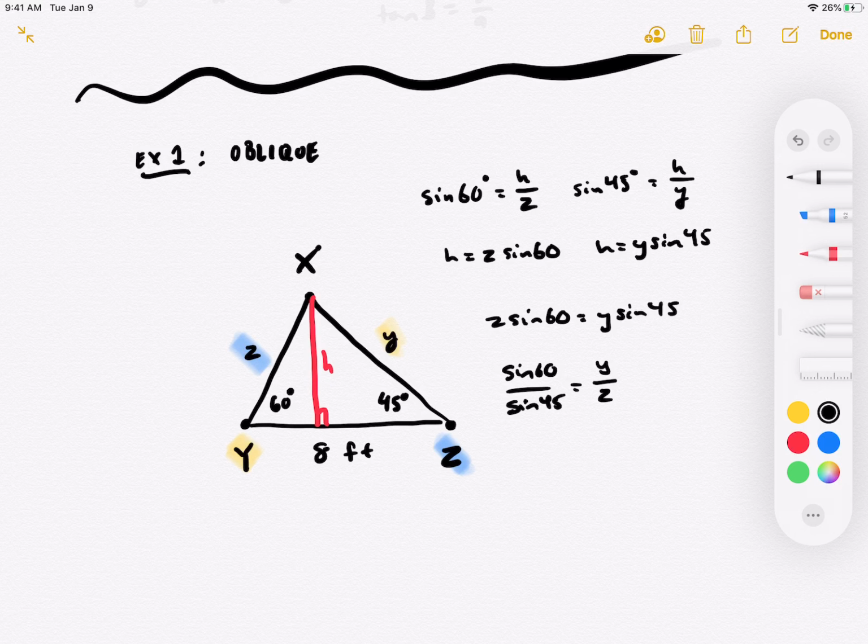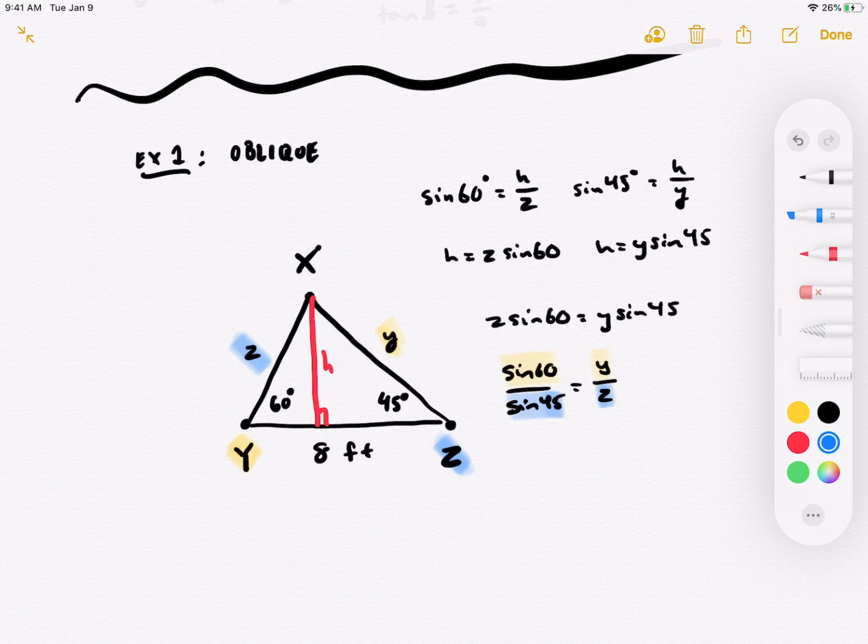If we just look at that color-coded here, I think it helps. Sine of 60, that was angle y, and it corresponds proportionally to side y. And sine of 45, that was the sine of z, and that corresponds proportionally to side z.